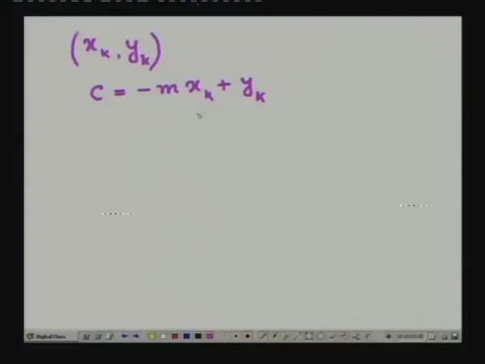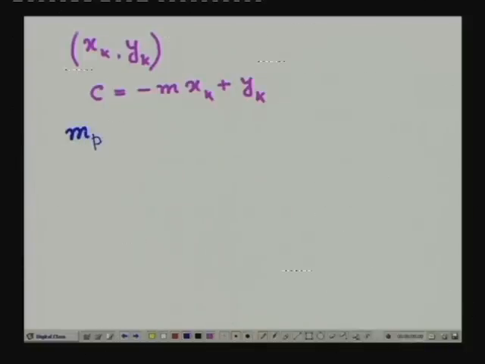So, suppose, by following this, a particular choice of m, we have already used k for something else, so instead of calling it m k, let us call it a particular value of m, say m p.